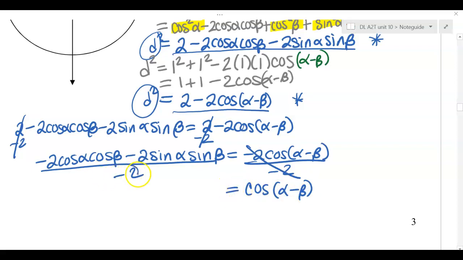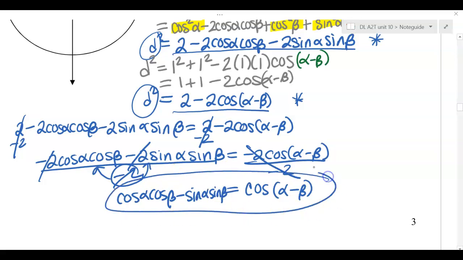On this side, remember this negative 2 needs to be a denominator for both these terms, so it cancels out this negative 2 as well as this one. And I end up with cosine alpha cosine beta minus sine alpha sine beta. So this is actually one version of the difference formula.